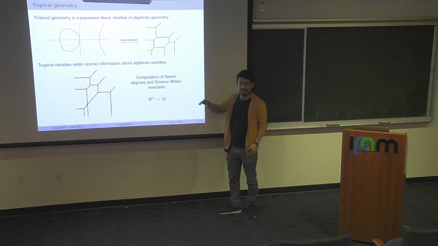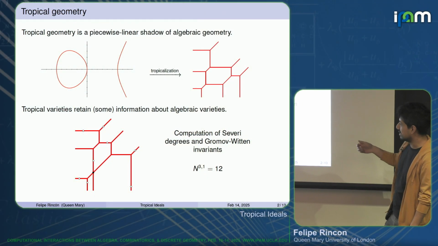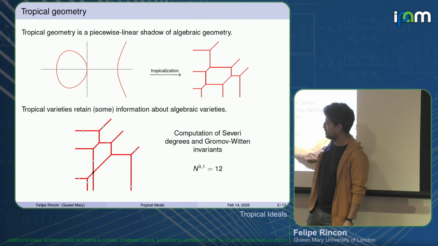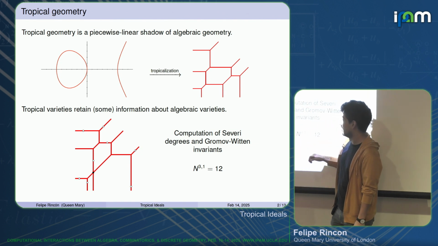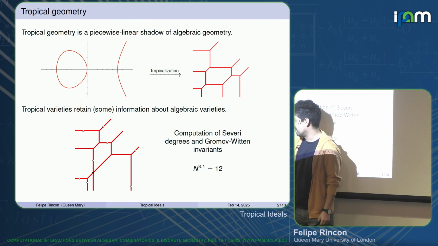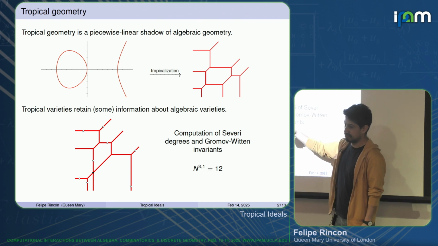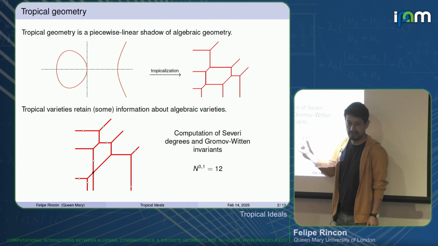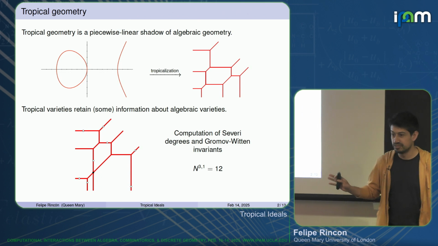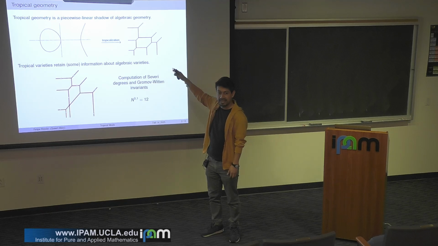This was very successful, and it got very popular when people realized that you could compute something called Severi degrees, which amounts to counting how many cubic curves in the plane go through 8 generic points and have one self-intersection, one nodal singularity. If you do the count tropically with the right multiplicities, you get 12. And it turns out that you can prove that 12 is the same as the number of classical curves satisfying that. So it is machinery that allows you to turn algebraic geometry into combinatorial problems.